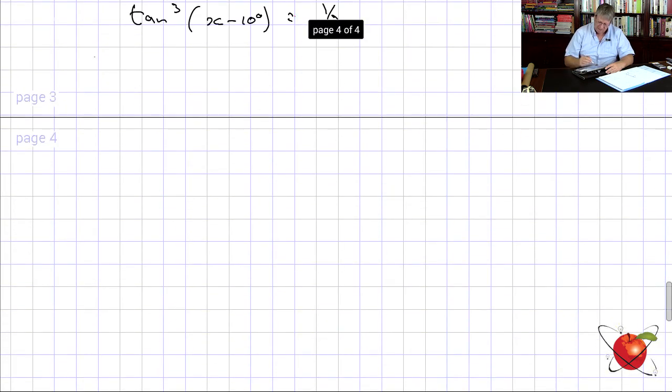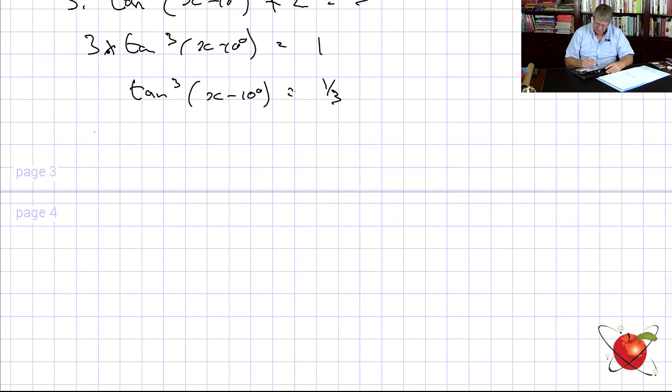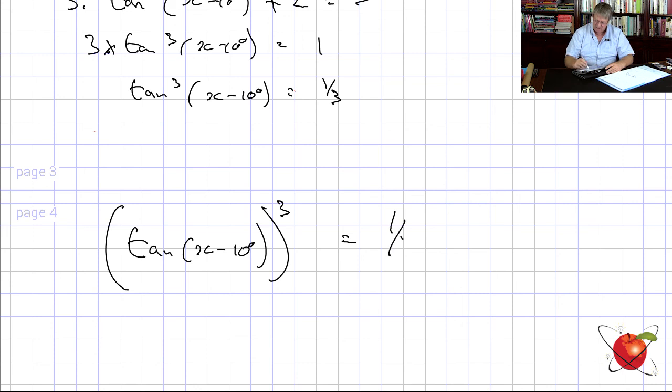It's going to be the same as the tangent of (x minus 10 degrees), all cubed, isn't it? Equals 1/3. Happy with that? That's basically getting rid of the exponent. Then I take the cube root of both sides, don't I?